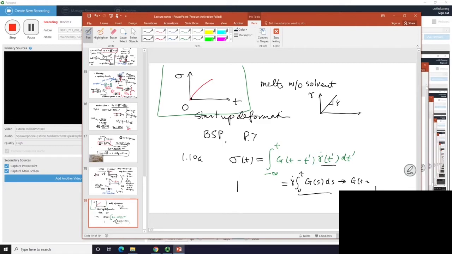Remember, integration is nothing but having a curve divided into many small parts, which is the conceptualization of calculus. Now it's already the first one, so you just take it out. It's still very near 0, and what's left is nothing but the time, because the time is very short, and the rate is gamma dot.